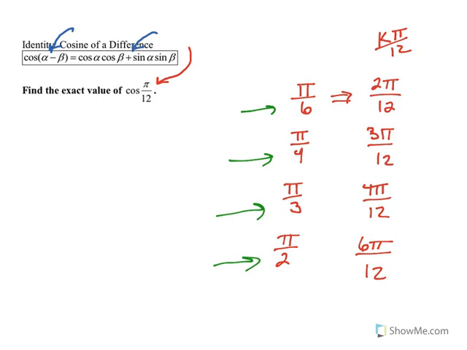So for example, if you kind of kept going with this list, you have 2 pi over 12, 3 pi over 12, 4 pi over 12. Notice we skipped 5 pi over 12. 5 pi over 12, you can't simplify it down to something that's not a denominator of 12, so that is not one of our special angles. The next one on the list, after 6 pi over 12, if you kept going with the pattern, would be 7 pi over 12.